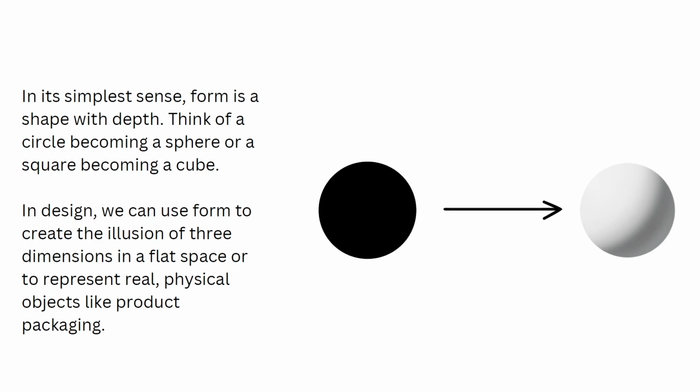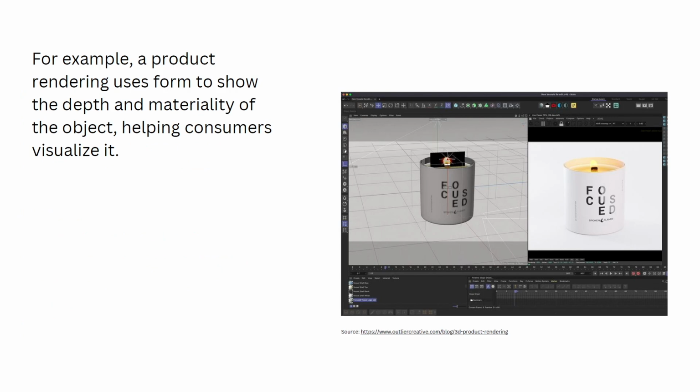Maybe it's a cookie packaging or a box for cosmetics. So it could actually be a tangible, real-life, physical object. Just for example on this, product rendering is really great. It's using form to show the depth and the materiality of the object, which in turn is going to help the consumers visualize it. So if you're into rendering in your design work, this is really great.